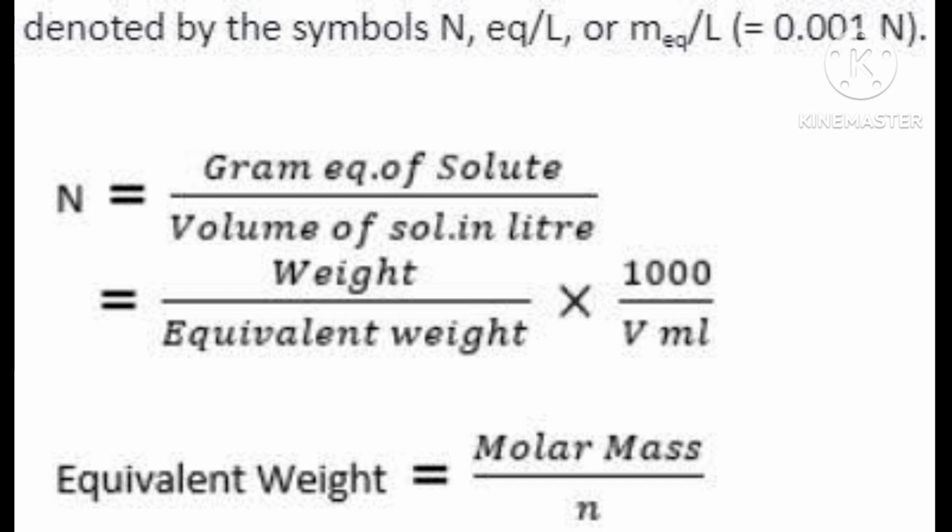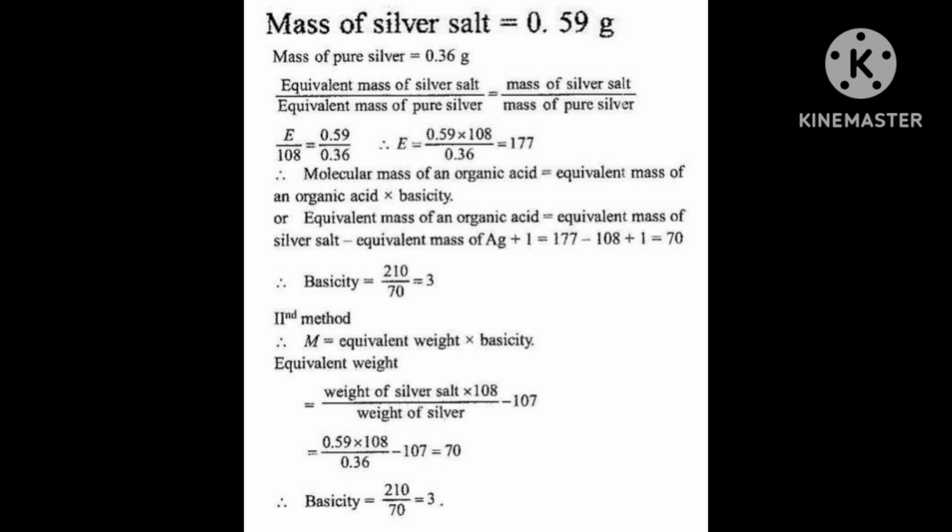Out of 4, if you know 3, the fourth one you can calculate. The equivalent weight of metal will be known. If you want to know the equivalent weight of anion of compound 1, then you should know the equivalent weight of anion of compound 2, and the weights of both compound 1 and compound 2.